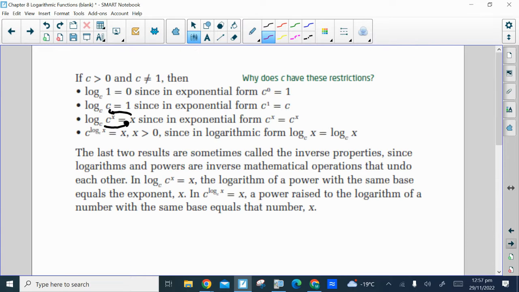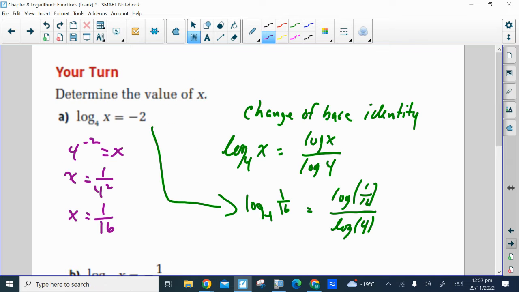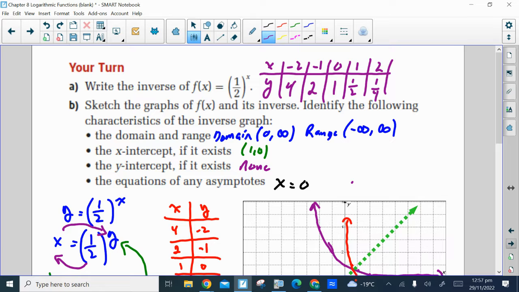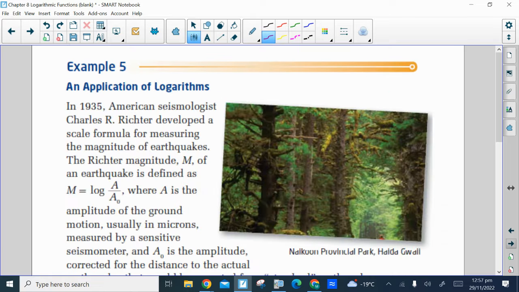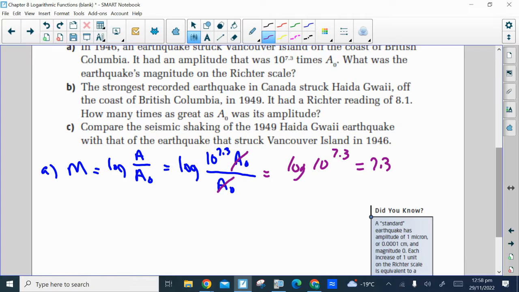Yeah, this one here. If you have a log of an exponential, and the base of the log equals the base of the exponent, the answer is just the exponent. And as we get into the laws of logarithms, we'll see another reason why this is true. Okay? So that's the magnitude of that earthquake, 7.3 on the Richter scale.